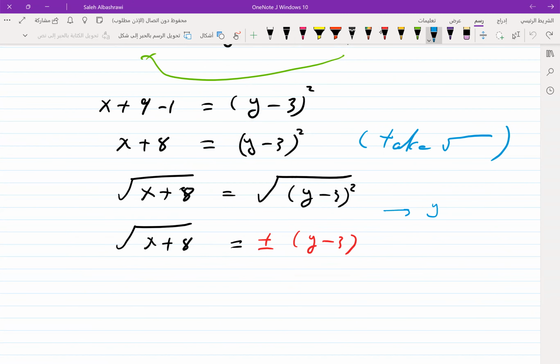It means if we move this to the other side, it will be y minus 3 greater than or equal to 0. It means it is positive. So we are choosing the positive sign, because y minus 3 is greater than or equal to 0.